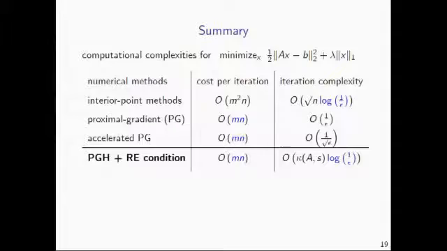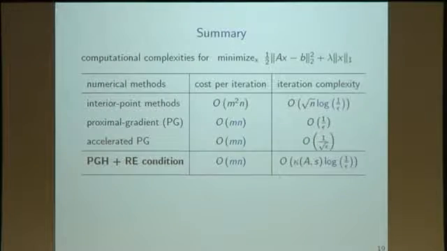OK, let's summarize. These are the computational complexities for solving these sparse least-squares problems, as we talked about before; this is the current state of the art. In cost per iteration and iteration complexity, we have made both the best among the different numerical algorithms.